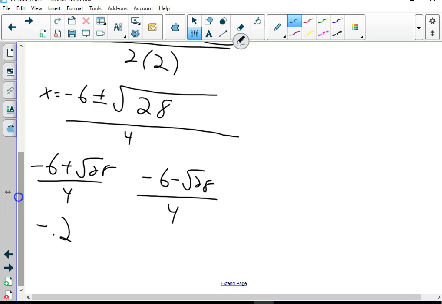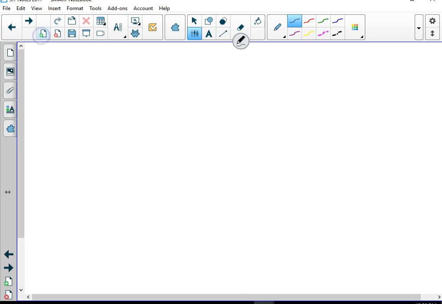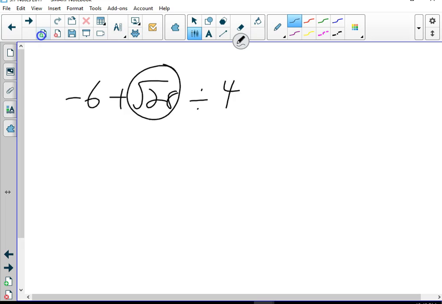Because what happens is, if you type it in this way, listen please. Listen guys. If you type it in the calculator just like that, it is going to calculate this as a decimal first. It is then going to divide that number by 4 and add it to negative 6.